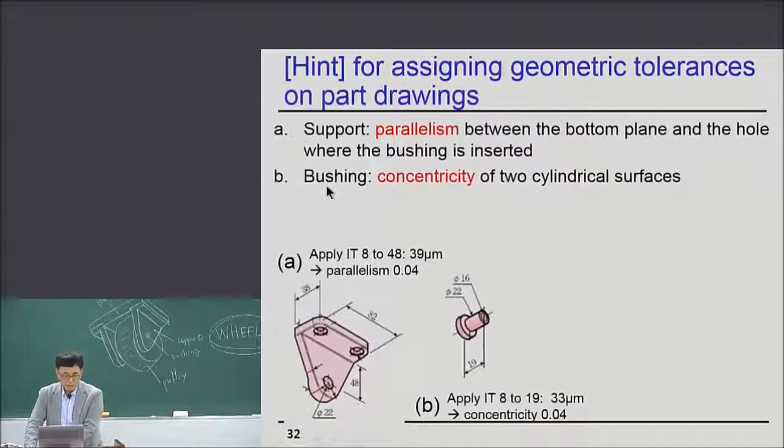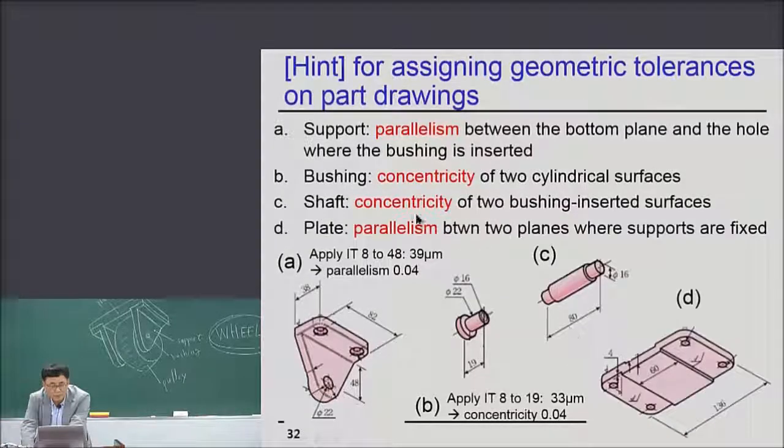Okay, same story. For bushings, there is concentricity of two cylindrical surfaces. Since the length is 19, so IT8, then looking at the number from the tables, 33 microns, so maybe a concentricity of around 0.04 millimeter can be given.